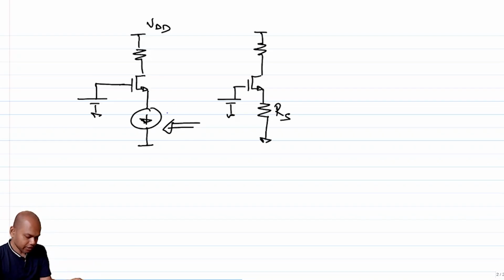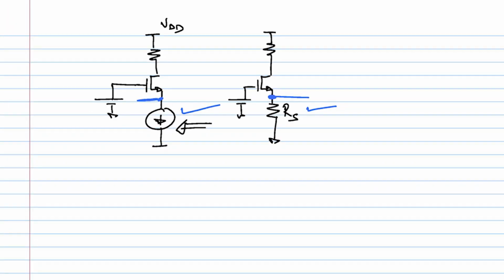But regardless of whether you choose this topology or this topology or any other topology, the stuff that we need to be aware of is the fact that the input is getting attached here, right? The input is getting attached here. So how do we couple the input? That's the question, right?